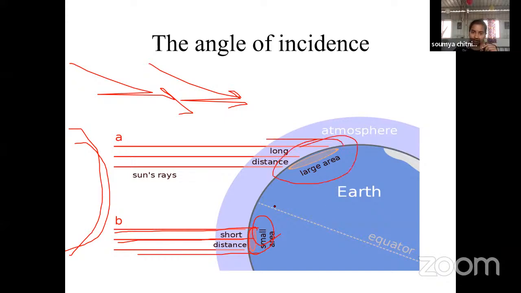So the intensity of the solar radiation is more on the smaller area when compared to the larger area, because the sun rays have to travel a longer distance in a slanting position, because of which the intensity of solar radiation reaching the earth is less, but over a larger area. So the angle of incidence matters a lot, and that is why we see the difference between the equatorial and the polar climatic conditions.